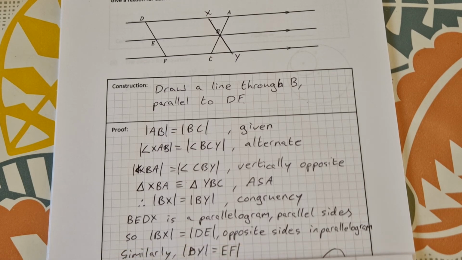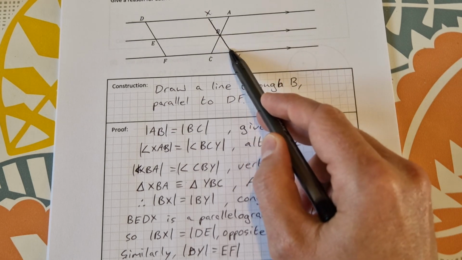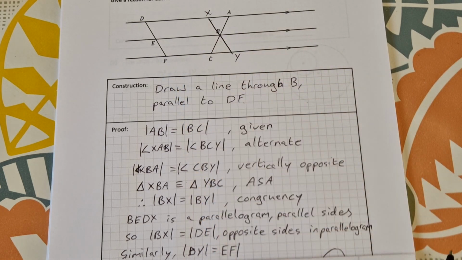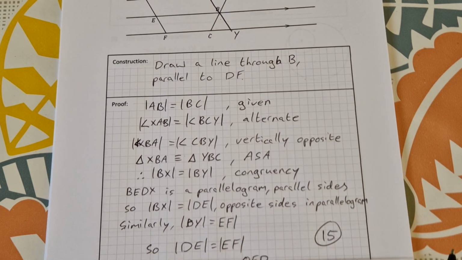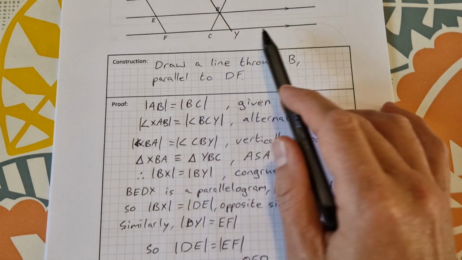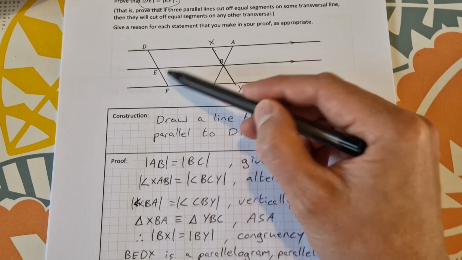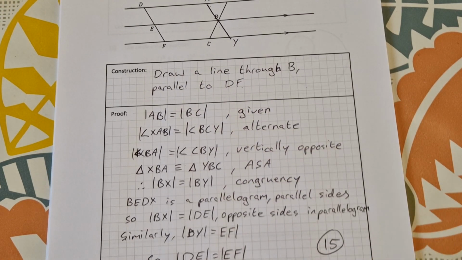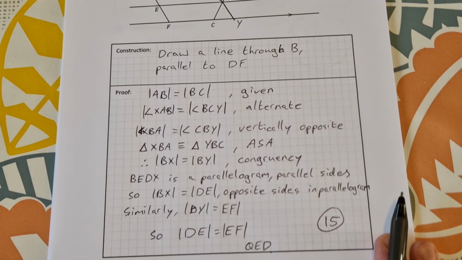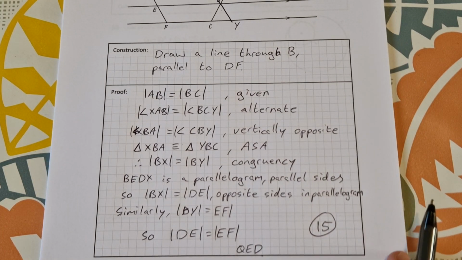And similarly, we can say that the length BY is equal to the length EF. So that means that the length DE is equal to the length EF. And that is the end of the proof, QED, for 15 marks.